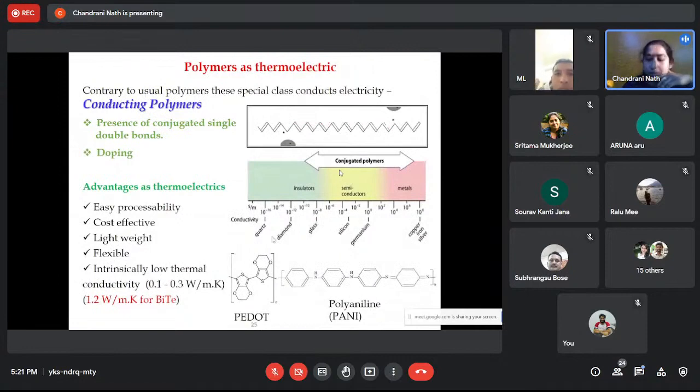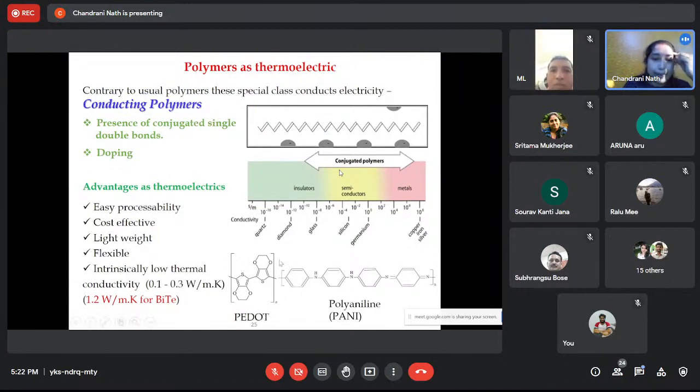These have very important results and it's very interesting. Polymers, as we know, are insulating materials that actually help us to insulate conduction. But this special type, conducting polymers, also conduct, as well as having a flexible nature.